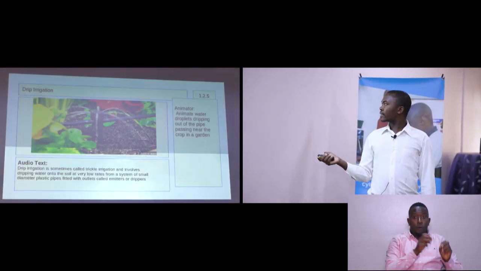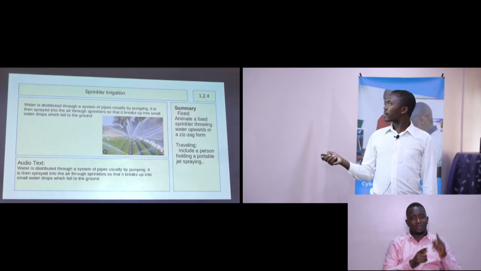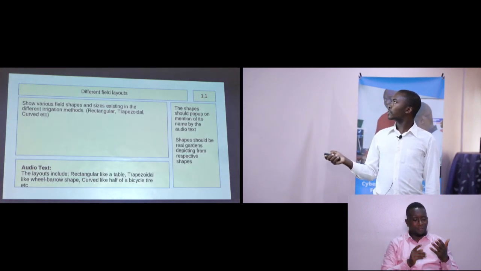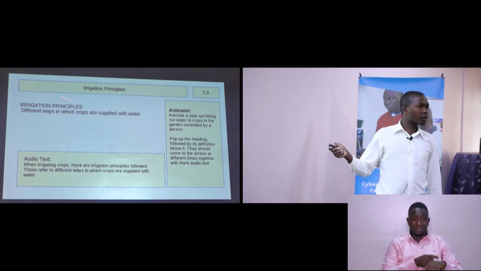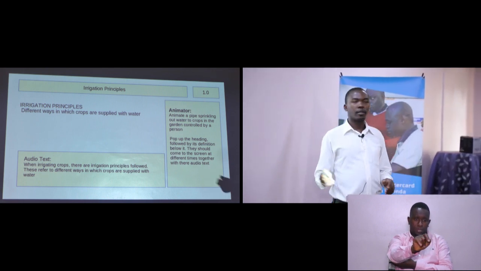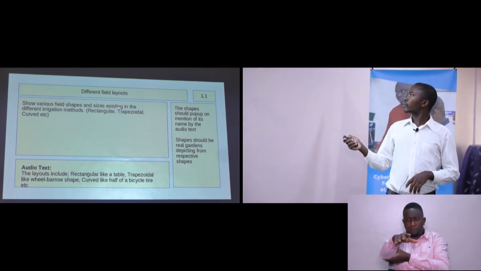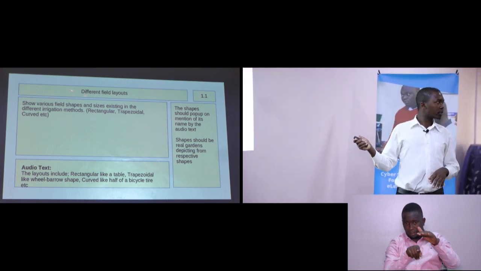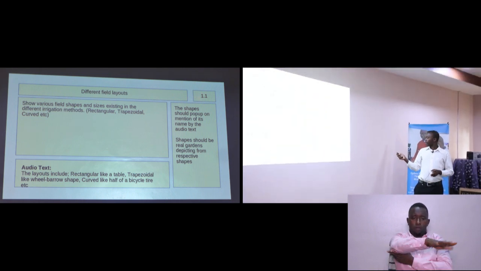Okay, so that was the end, and the numbering is like this. Irrigation is the topic, which becomes 1.0. Then under irrigation, we have different field layouts of irrigation, and that becomes 1.1.